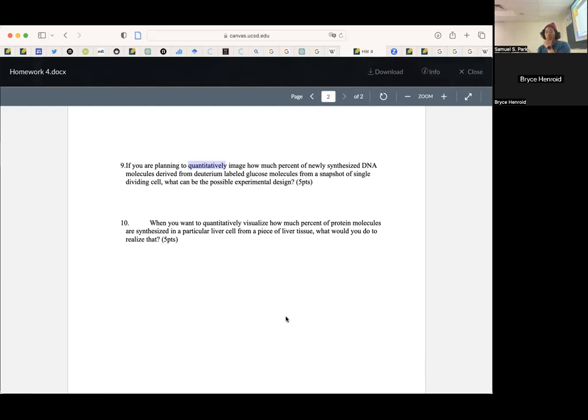Yeah. And then what I would see is, since the deuterium can be picked up by Raman microscopy, at what point do I lose signal? At what concentration am I not able to detect the newly synthesized DNA?